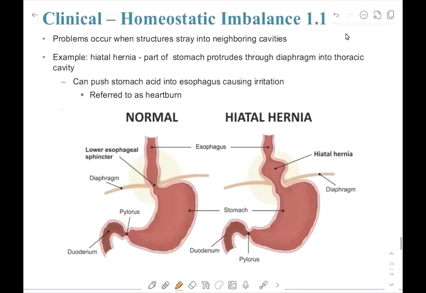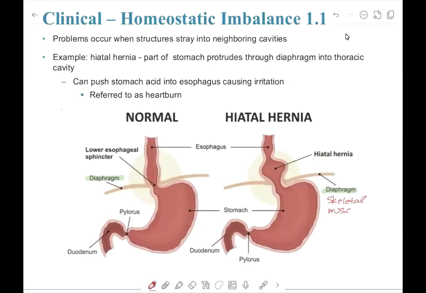This slide is showing a homeostatic imbalance. And it's an excellent one because it demonstrates the importance of the diaphragm. Remember, the diaphragm is a skeletal muscle that separates two cavities.